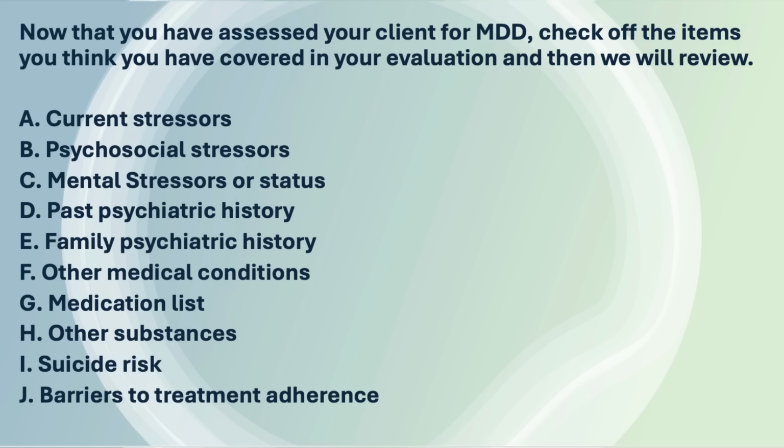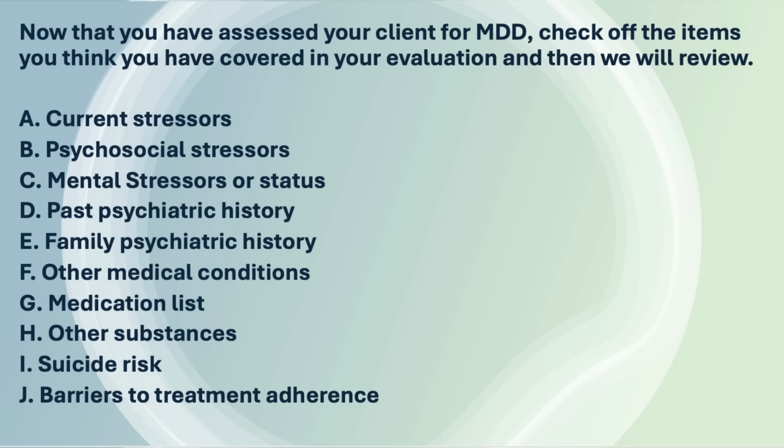What about C, mental status? It was also evaluated through the assessment of thought content, process, concentration, and affect. And then what about D, past psychiatric history? That is asked about in the previous psychiatric treatment and diagnosis.